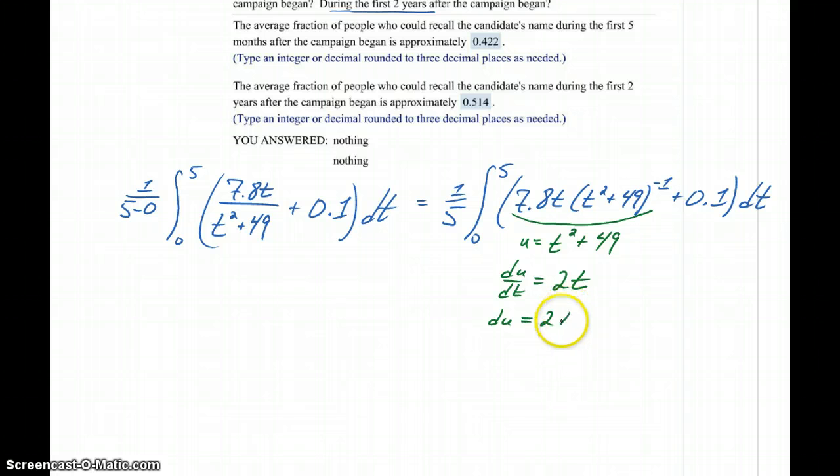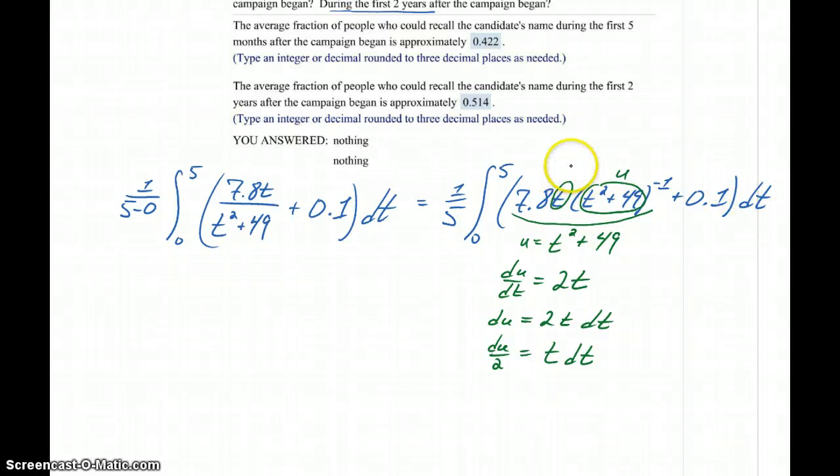So we get du equals 2t dt. But here we don't have 2t to substitute out. So if we rewrite that as du over 2 equals t dt, then this part we can replace with u, and the t dt we can replace with du.